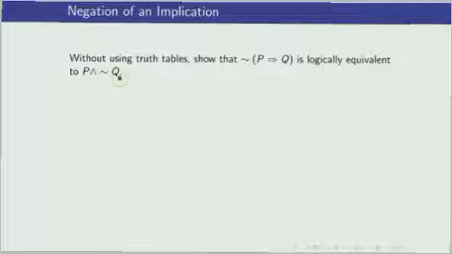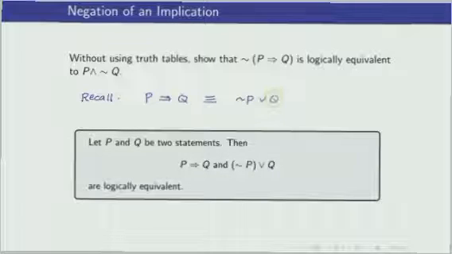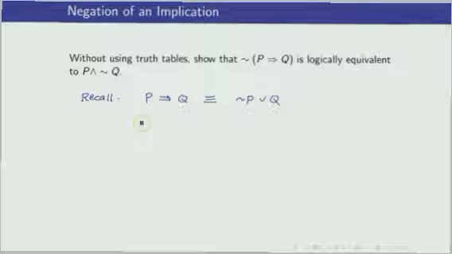Let us show this without using truth tables. Let us recall that P implies Q is logically equivalent, I am using this notation, to the statement not P or Q. So therefore, if I now get the negation of P implies Q, that will just be the same as getting the negation of this entire thing.